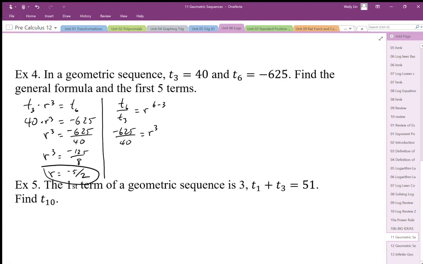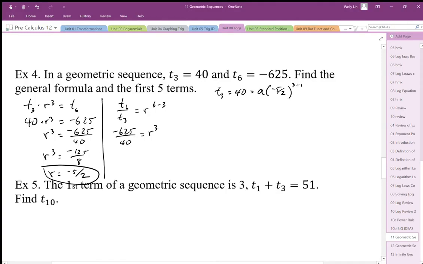If we want to find out T1, we could just plug it into our equation like this. Maybe I'll write it a little bit more formally. T3 is equal to 40, which is equal to A, which we're trying to figure out, times negative 5 over 2 to the power 3 minus 1.